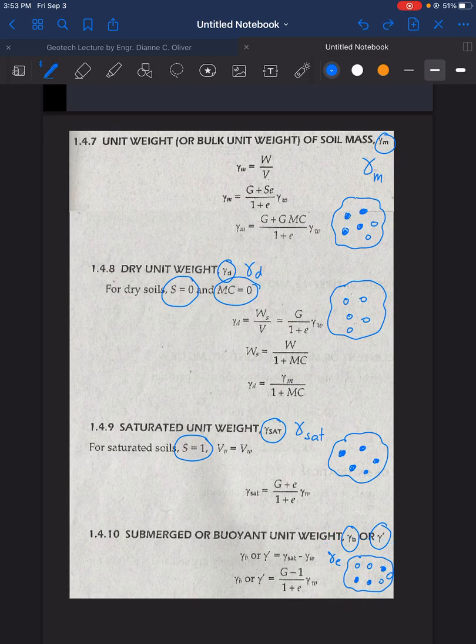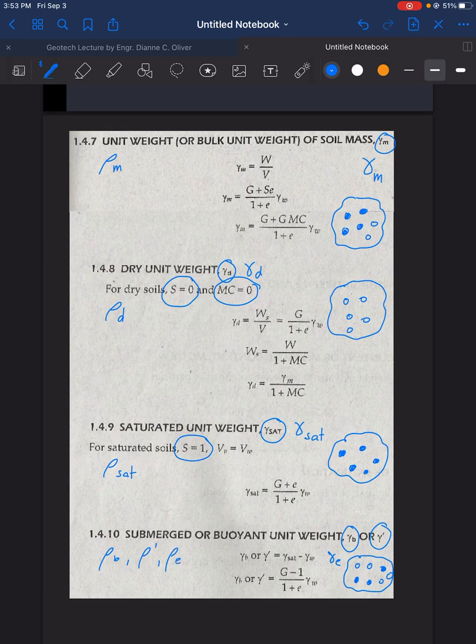Now, we're talking about unit weight, and in this subject, you will also encounter the density, the moist density. Then you have the dry density, or rho D. Then the saturated density and the effective density, the submerged density, rho prime. Okay?